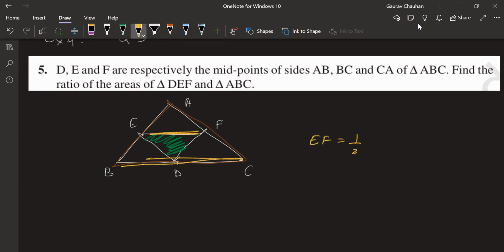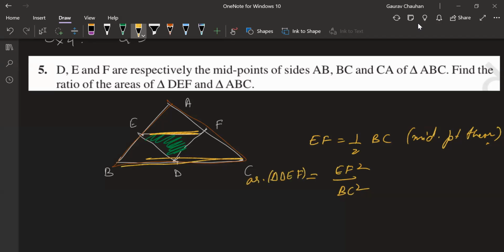EF will become half of BC from the midpoint theorem. Then you can just take EF square by BC square. Area of triangle DEF by area of triangle ABC, from our theorem of areas of similar triangles. This will become 1 by 4 BC square, so 1 by 2 BC the whole square. Do it like this. Deepak, did you understand?